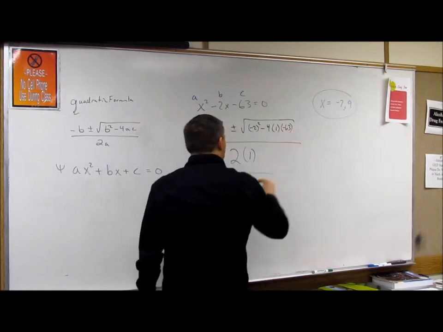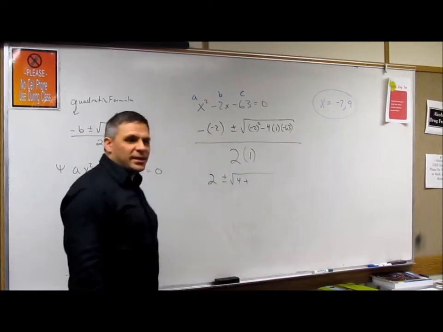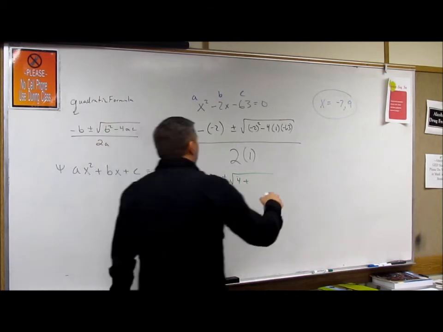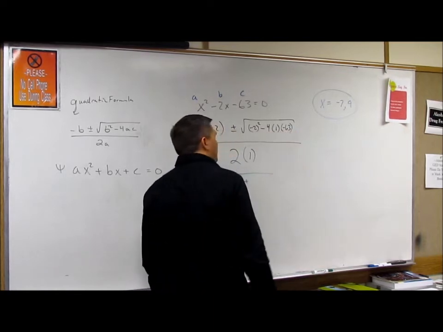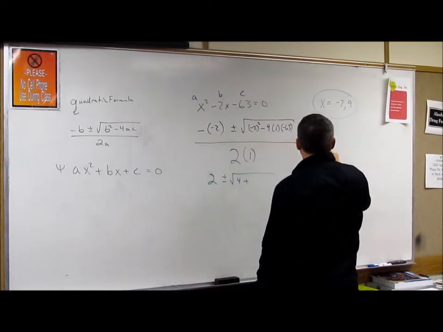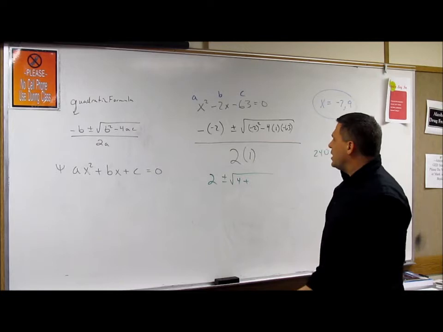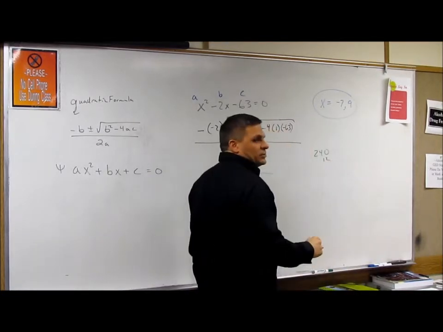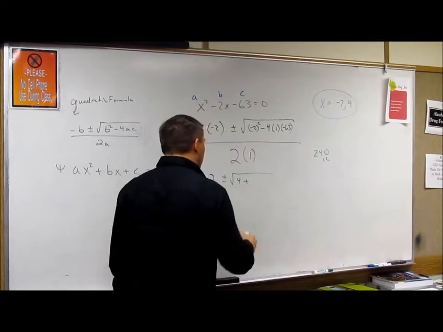Minus and a minus make a plus. Okay? So plus 4 times 63, or 4 times 60 is 240, right? And 4 times 3 is 12, so 252.